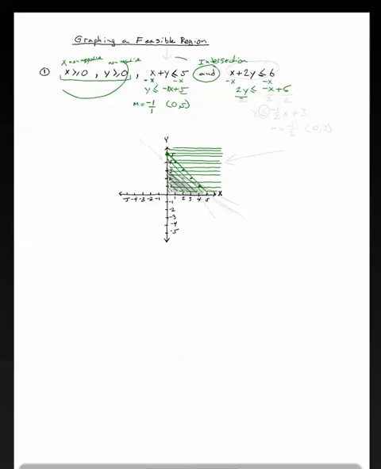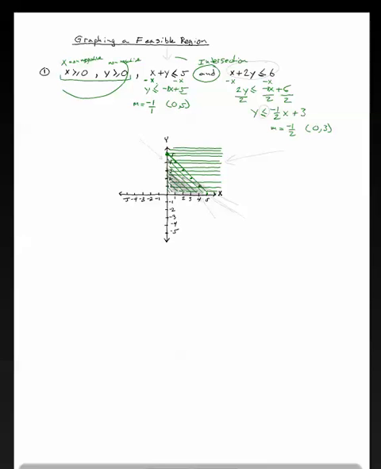Then I have to divide by 2 throughout. And that'll give me y is less than or equal to, now that negative x is a negative 1x, so that's negative 1/2 x plus 3. So my slope is negative 1 over 2, and my y-intercept is 0, 3.